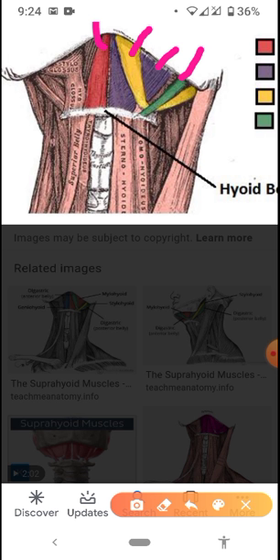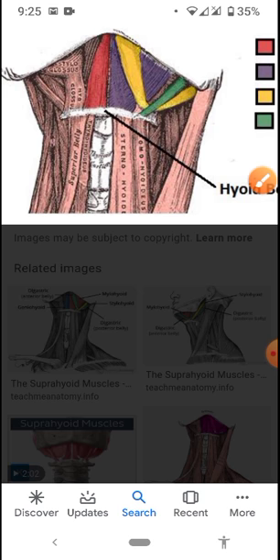This digastric muscle has two bellies, that's why it's called digastric. And this mylohyoid muscle is coming from the mylohyoid line, and we are left with geniohyoid, which I have told you.